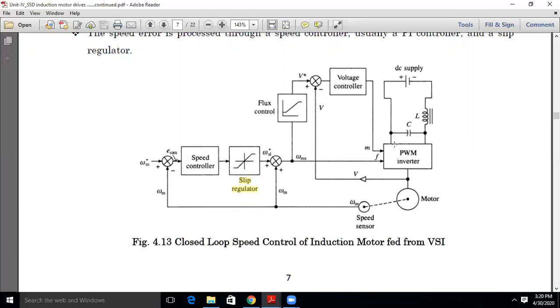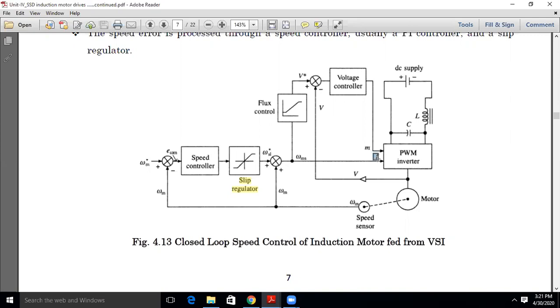But on what basis does it have to adjust the frequency and voltage? That is the question. The basis is the magnitude of the modulation index and the frequency.